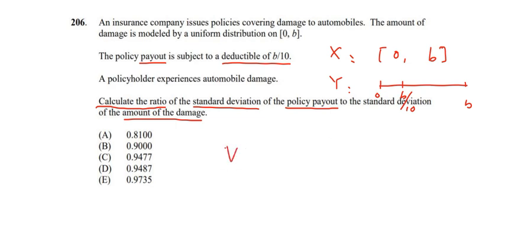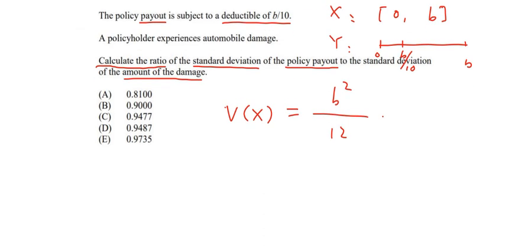Because x follows a uniform distribution, we know the variance equals b squared over 12. For the payment, that's Vy, so we need some calculation. Vy equals the expectation of y squared minus the square of the expectation of y.